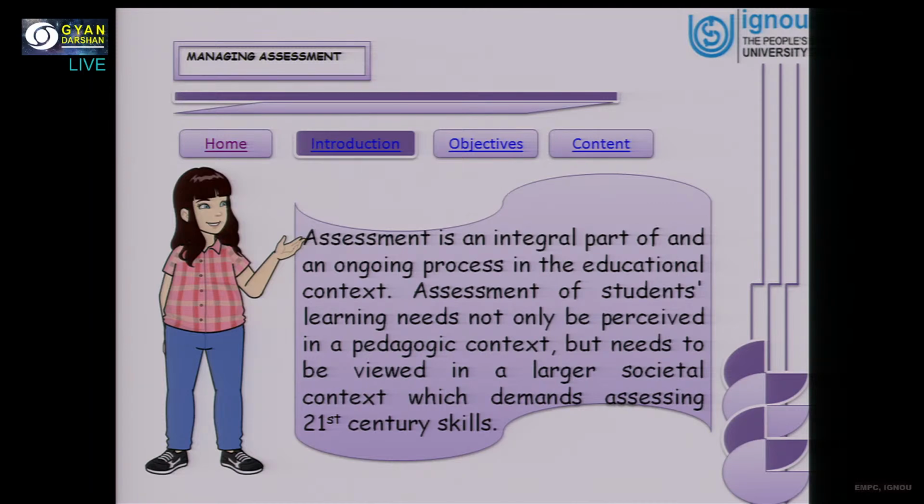Assessment of student learning need not only be considered in a pedagogical context, but also be viewed in a larger context. It is in a larger context because it demands assessing 21st century skills.